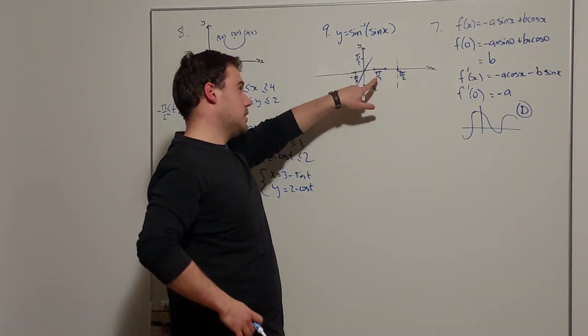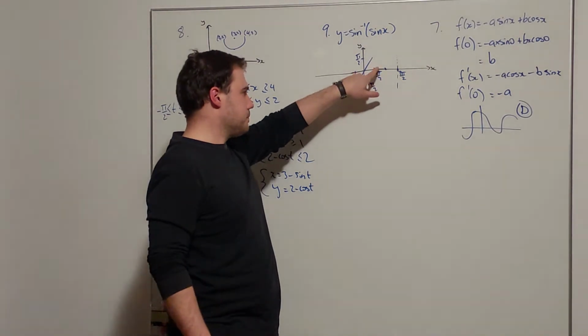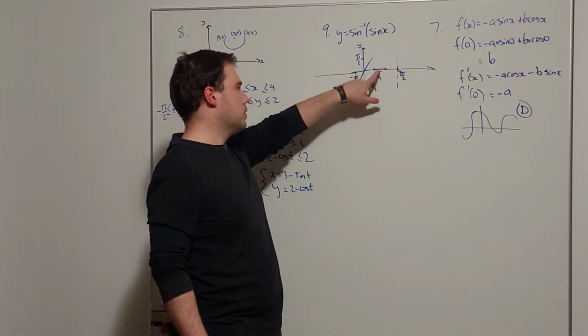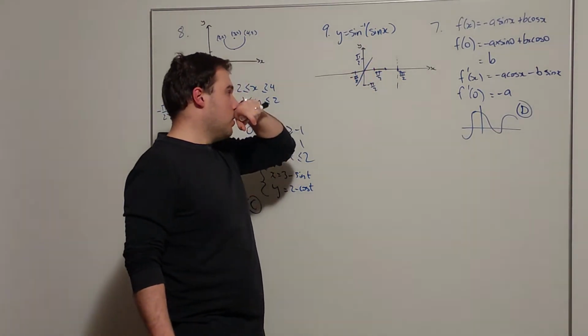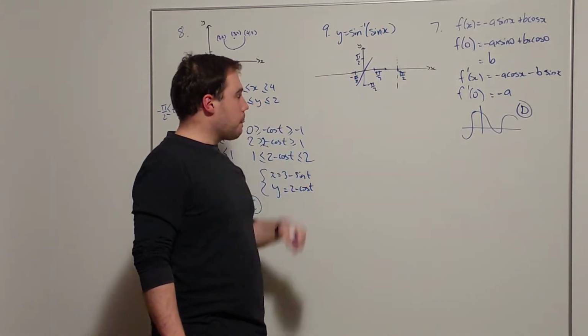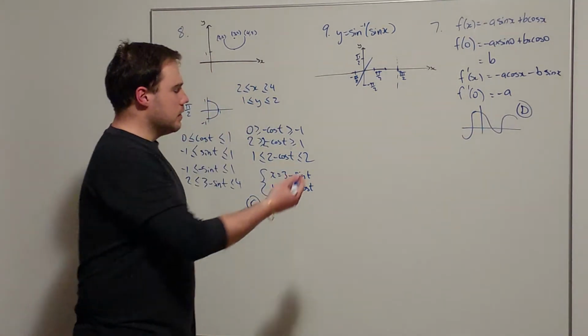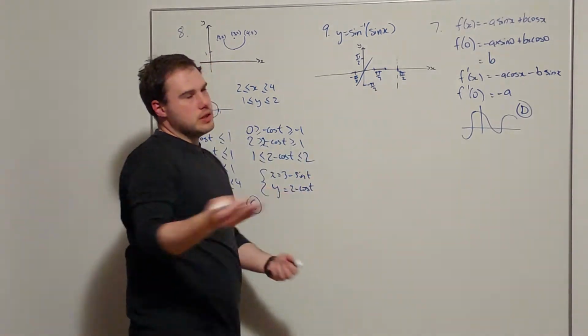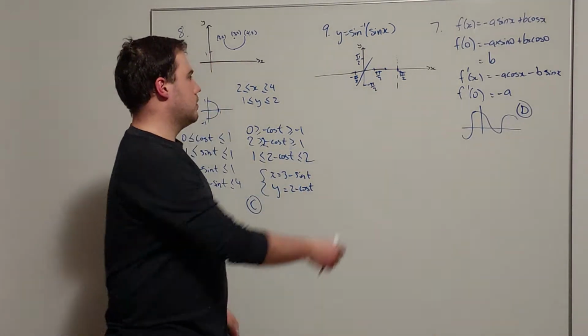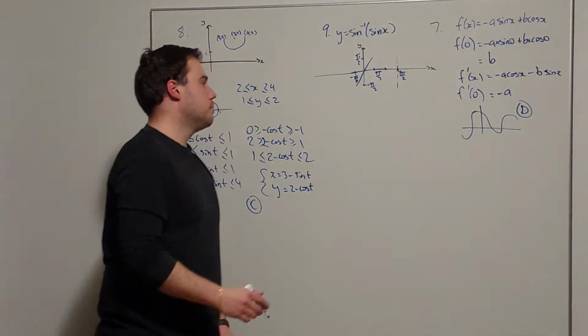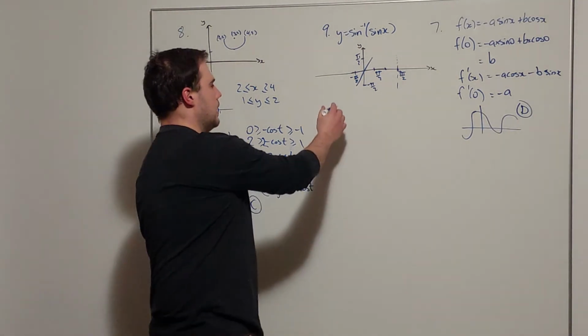Again, you could just test a value, say, like 3 pi on 4. You'll see that it's going to be a positive value.